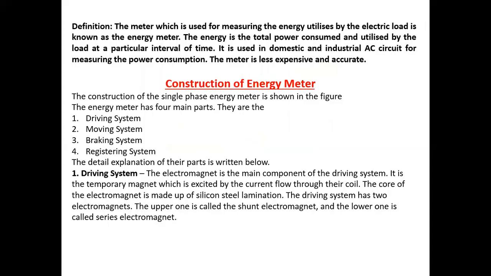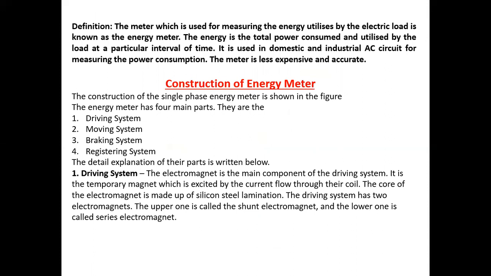The construction of the meter is divided into four parts. The first one is the driving system, the second is the moving system, the third is the braking system, and the fourth is the registering system. In the driving system, the electromagnet is the main component.